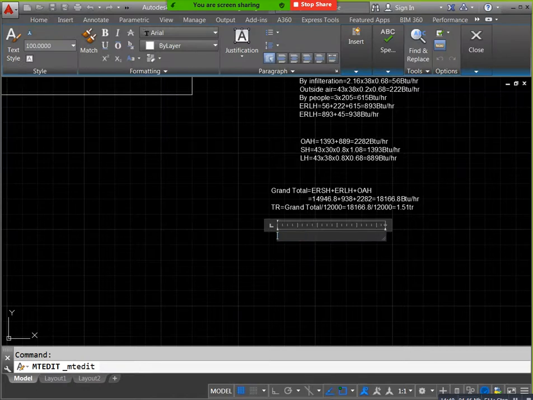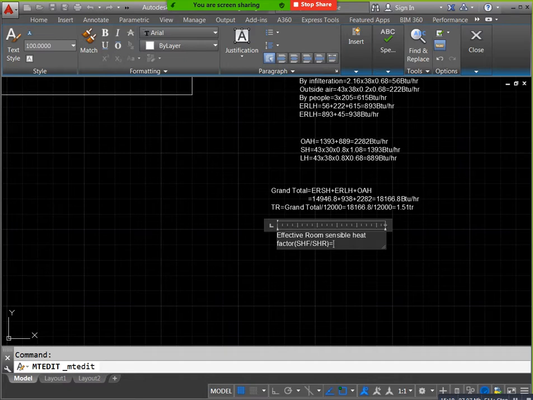In some cases you will see SHF or SHR, all are the same, guys. The formula is effective room sensible heat divided by effective room total heat. Here, total means we consider only two: room sensible heat and latent heat.